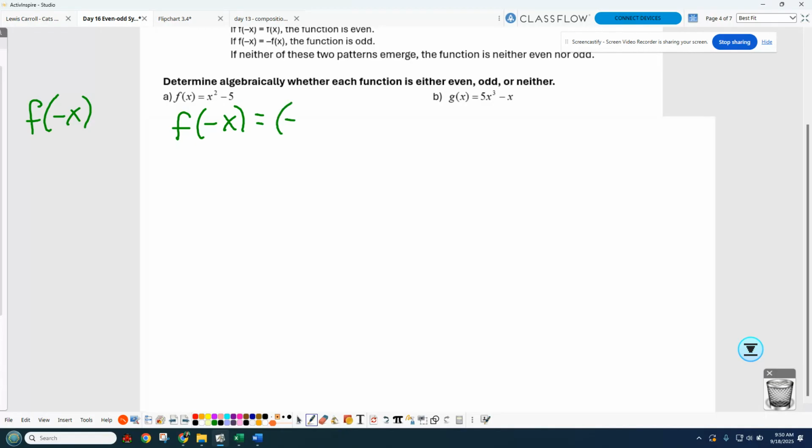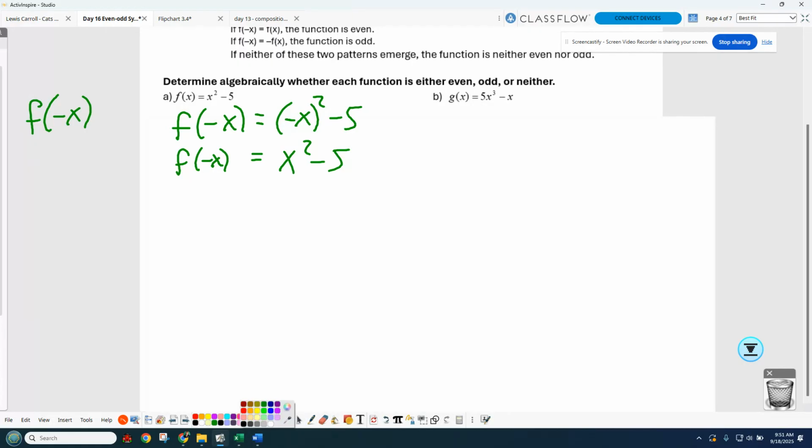So instead of x squared, it's negative x in parentheses squared. Allie, what is negative x times negative x? Positive. Positive x squared, right? So there's my f of negative x.